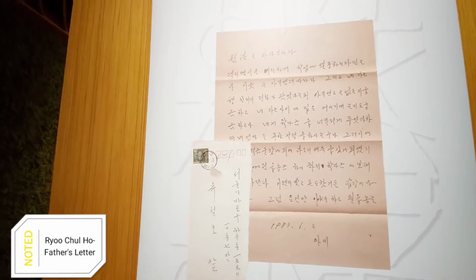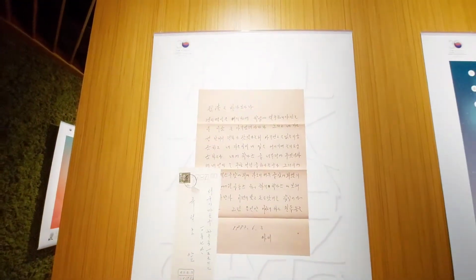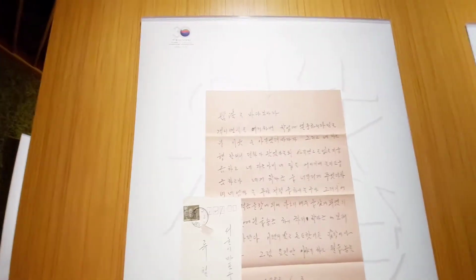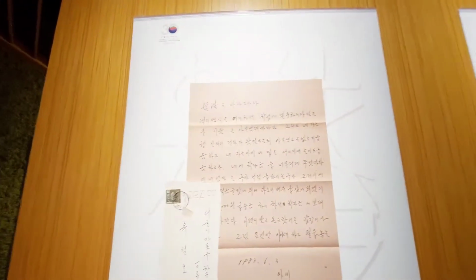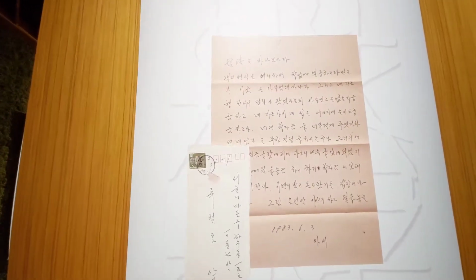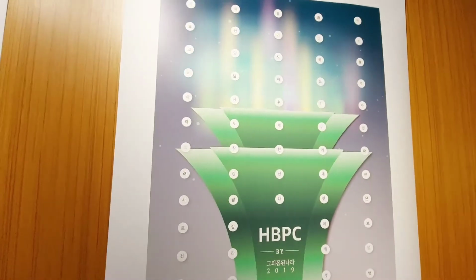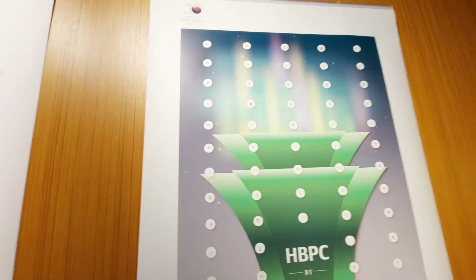In this poster by Ryu Chul-ho, which is called Father's Letter, you can see a letter, which is called Pyeonji in Korean. Next one is the HBPC poster design from Kim Tae-ho.